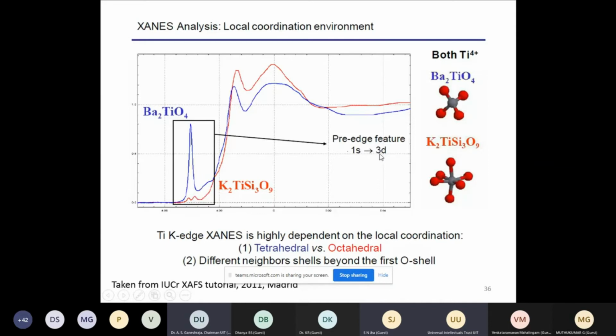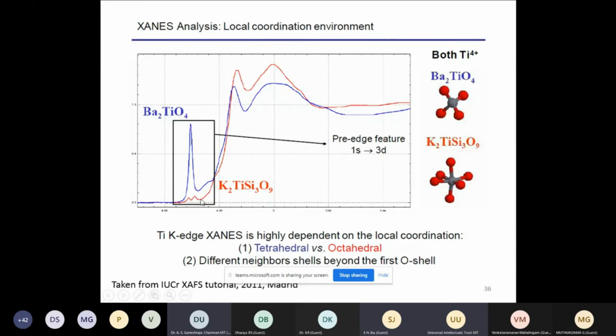Although 1s to 3d is dipole forbidden, it gives a hint that there is a hybridization between oxygen 2p and 3d. So the more the hybridization, the greater the enhancement in intensity, and therefore we can say very confidently that this compound has the tetrahedral coordination sphere, whereas in the octahedral case, the 1s to 3d transition is a quadrupole transition, and therefore the intensity is quite weak.